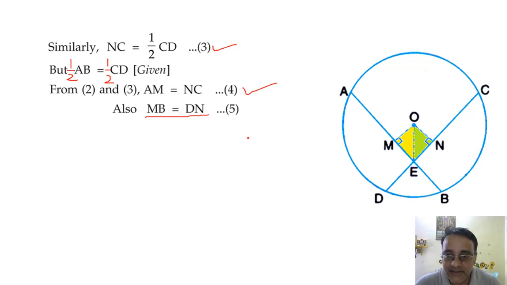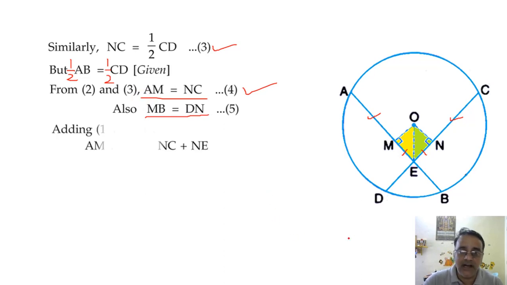Now from this we are going to subtract these two. ध्यान से देखो, ME और NE ऑलरेडी हम लोग इक्वल प्रूफ कर चुके हैं. इसमें से सब्ट्रैक्ट कर सकते हैं या इसमें ऐड कर सकते हैं. ME is equal to NE, already proved by CPCT, and AM is equal to CN, already proved in equation number 4. So we are going to add both equation 1 and 4.